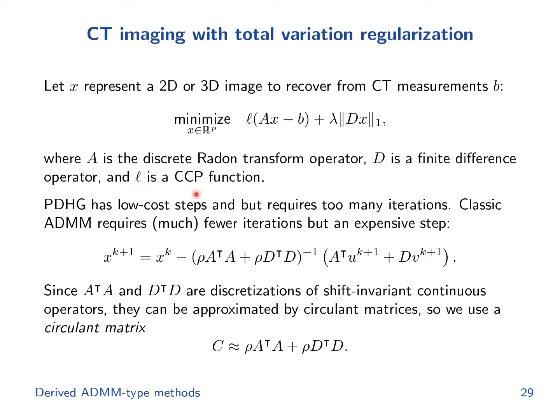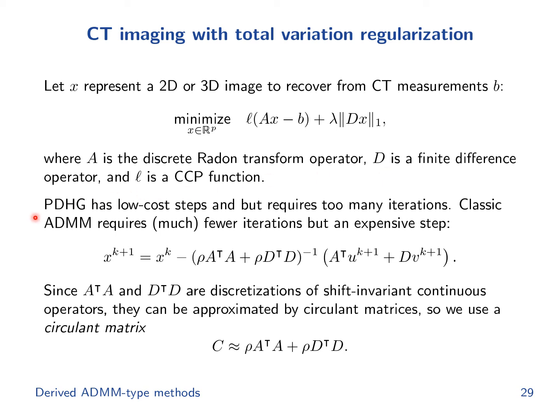We assume this loss function is CCP and of AX minus B, to keep AX close to B, where A is a discrete Radon transform which approximates the physics of CT imaging. We also add a regularization term, that's total variation. We write it down as the one norm of D of X, where D is a finite differencing operator.